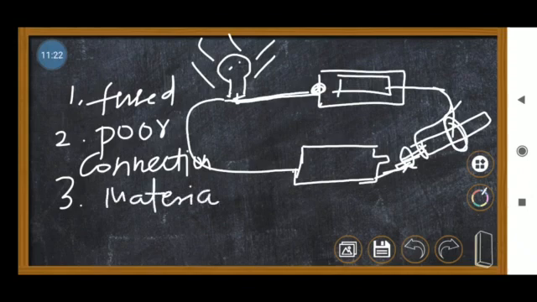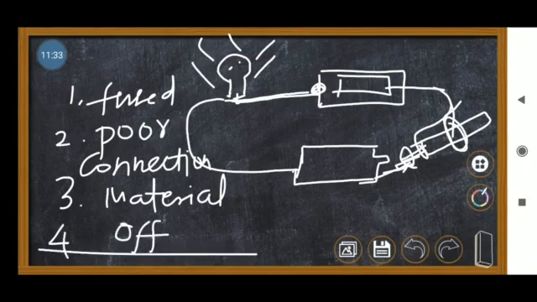And whether the switch is on or off. If the switch is off, the current is broken and the circuit is not completed, so we call it a breaking circuit. The current is not going in a continuous path. These are some observations why the bulb is not glowing.